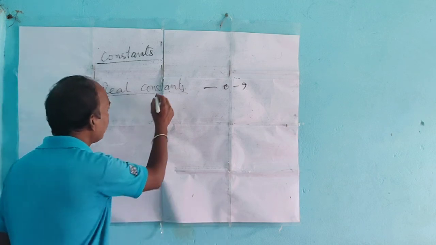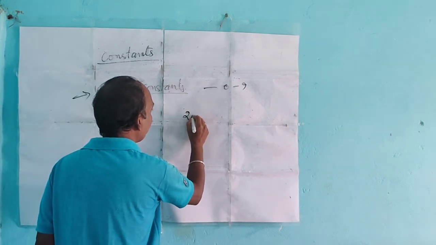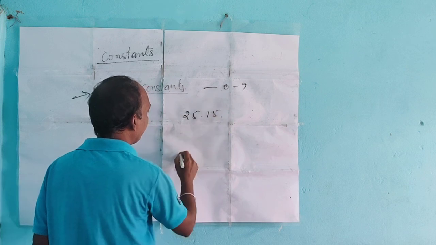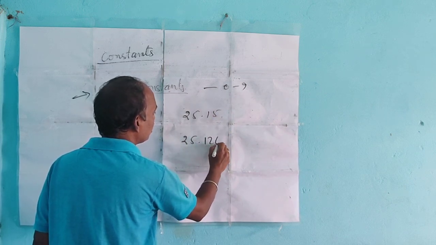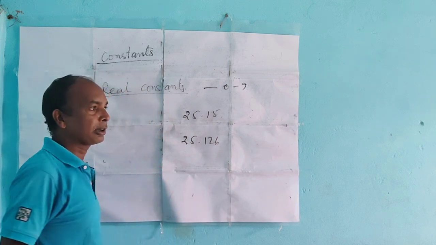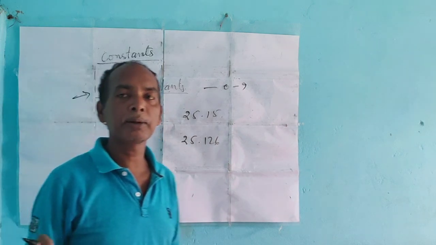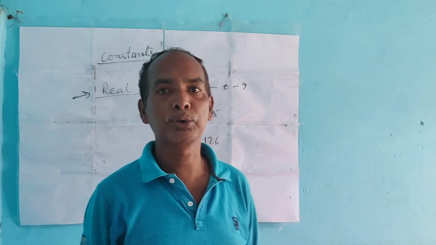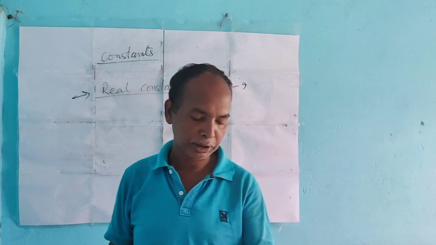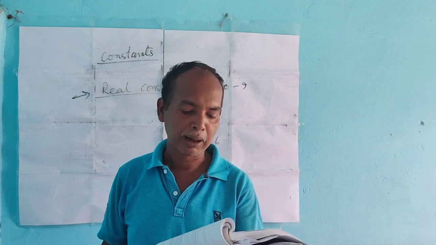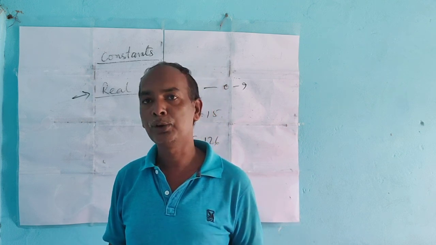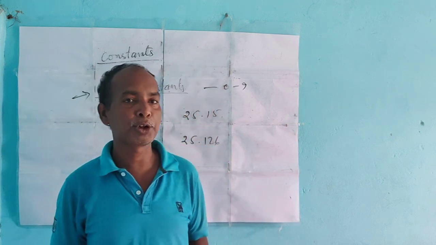That means in a real constant you can use 25.15, 25.126. A decimal point can be used in a real constant, but a decimal point cannot be used in an integer constant. It can be preceded by a plus or minus sign if needed. If there is no sign, it is a positive number.